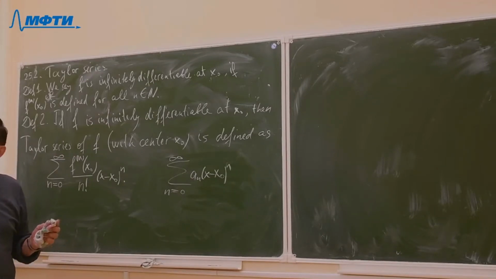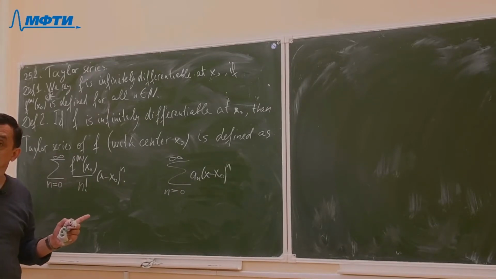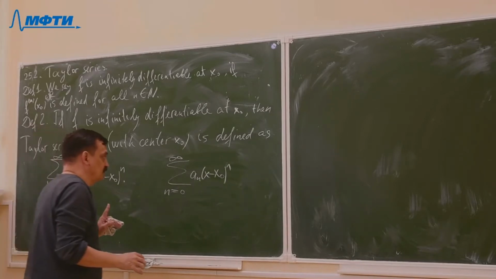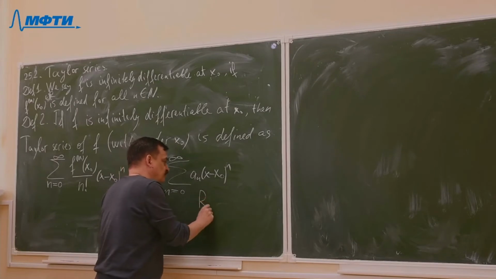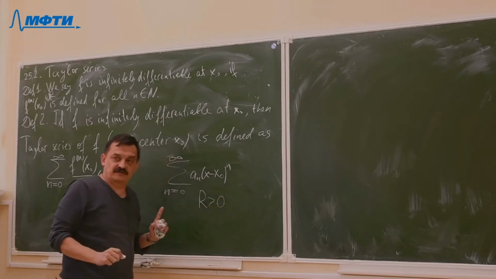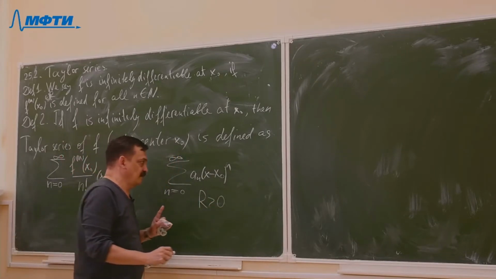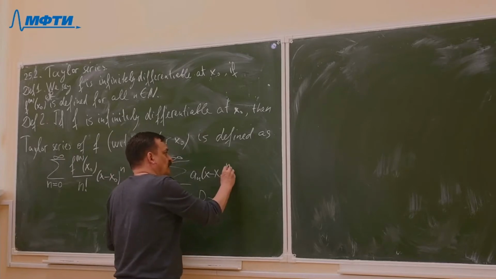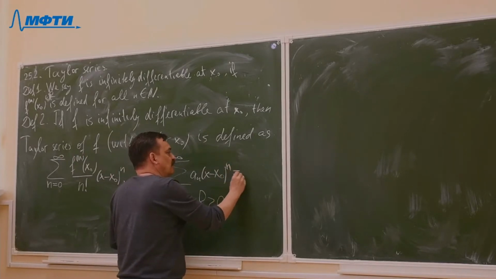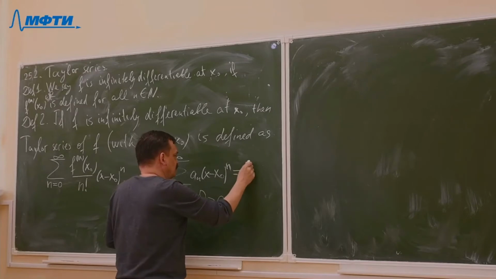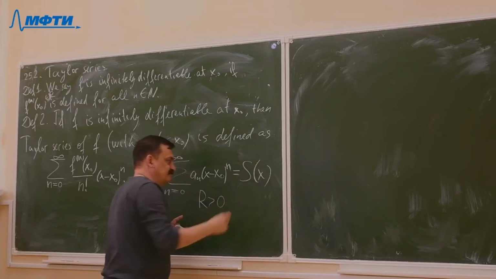Now, we know from a former theorem that if the radius of convergence is positive, then this has a sum, let's say s of x.